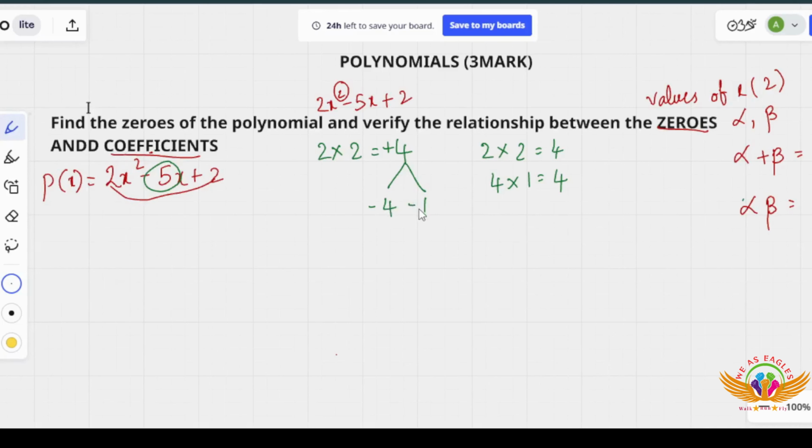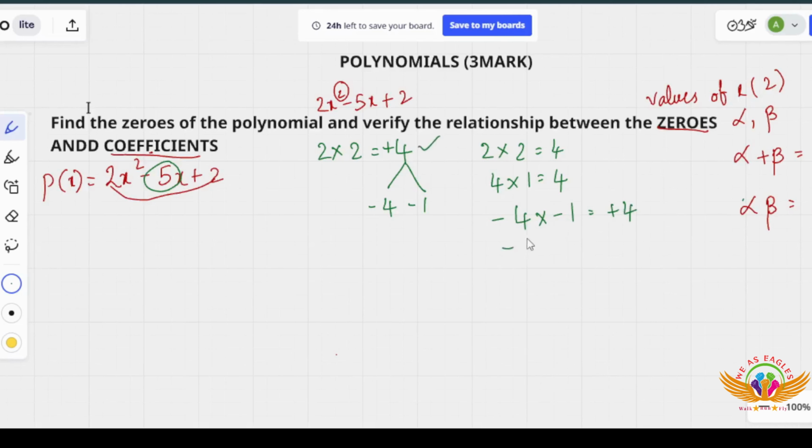Minus into minus is plus 4. When I add them, minus 4 minus 1 is minus 5. I repeat again, when you multiply minus 4 into minus 1, I am going to get plus 4. Yes, done.